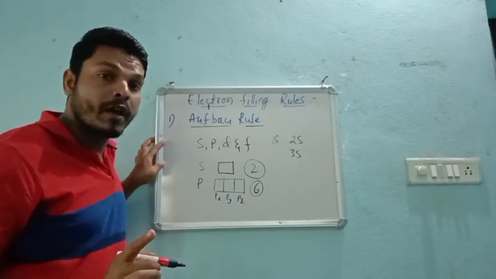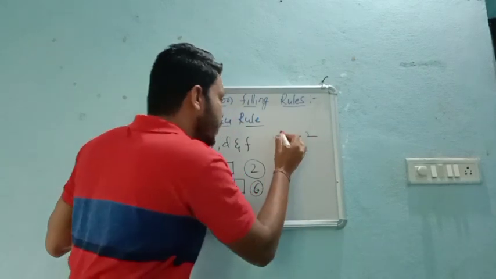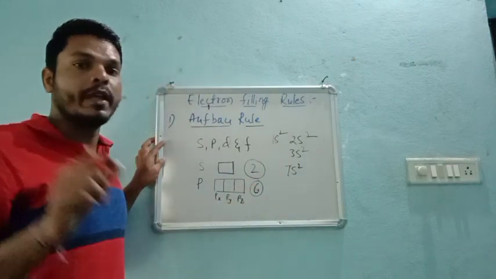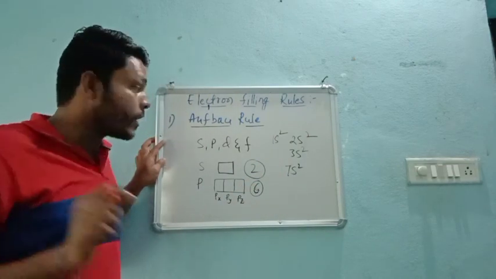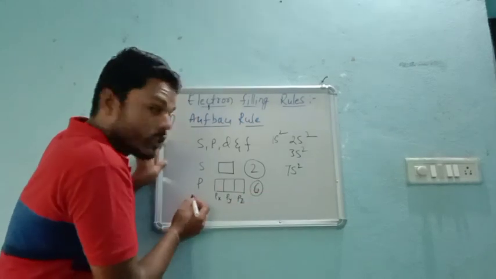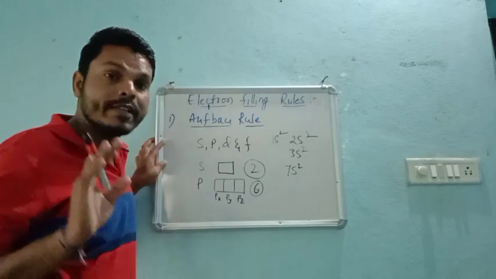The maximum number of electrons present in the 3rd shell, 2nd shell, 1st shell or 7th shell s subshell should be 2 only. That rule we have to follow, right? So in the p subshell, the maximum number of electrons will always be 6.